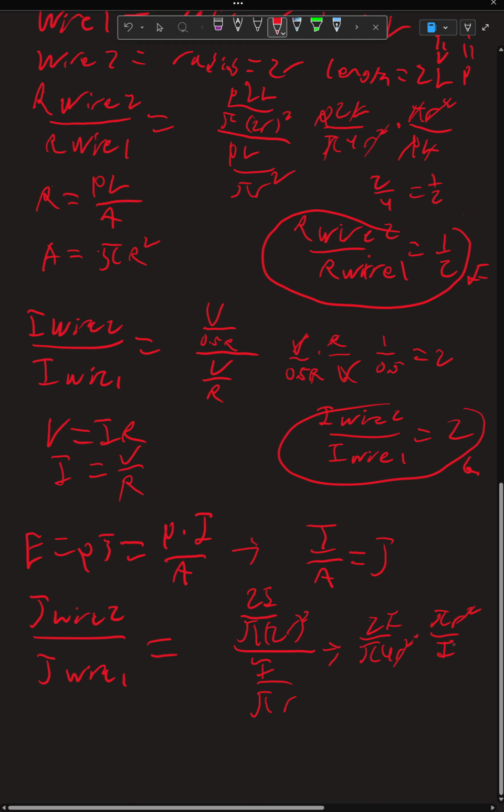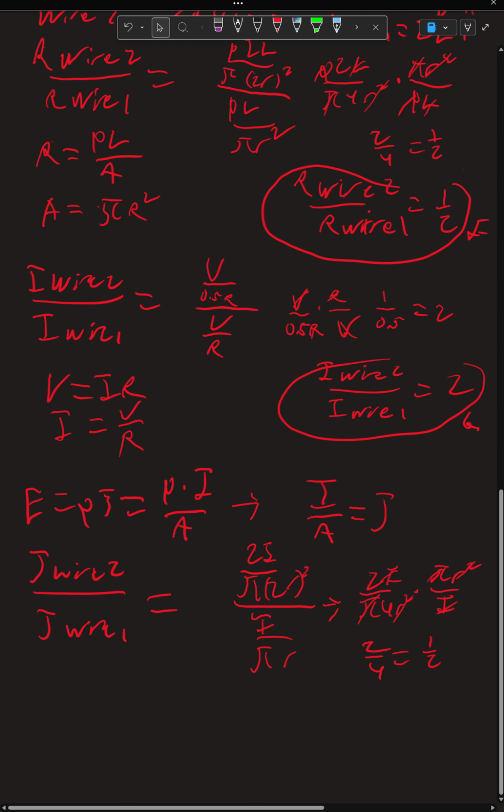It's going to leave 2 over 4 again. So 2 over 4 equals 1 over 2. That's going to be the ratio for the current density of wire 2 over 1.